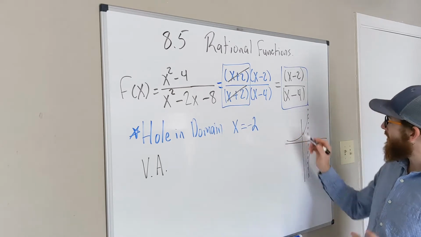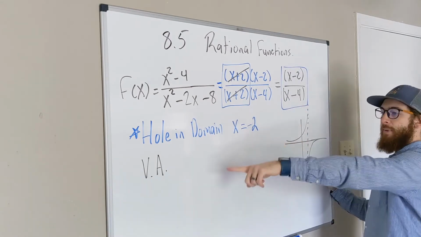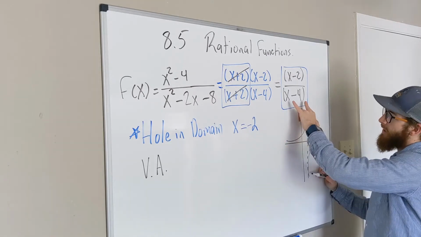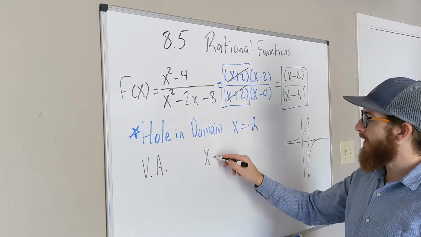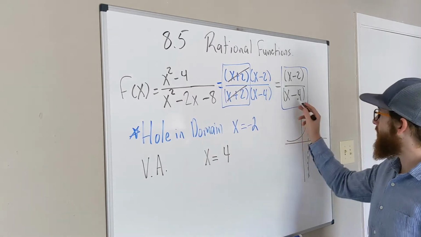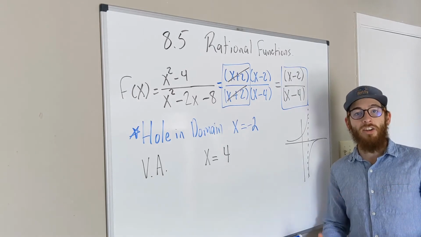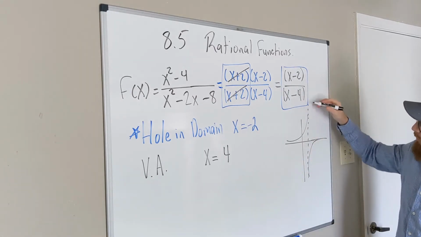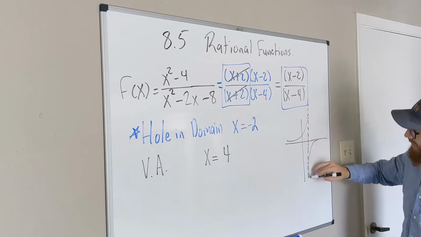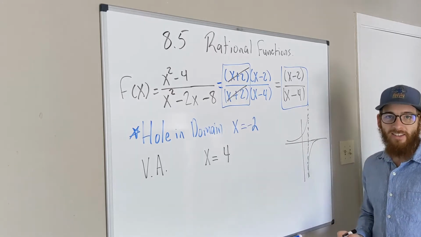Why? Because a vertical asymptote is where the denominator equals 0. That means our vertical asymptote is at x equals 4, because I set the denominator equal to 0. And what happens when our denominator is 0? It's undefined. So x equals 4 would be this undefined line that neither side can touch. Why can't they touch it?